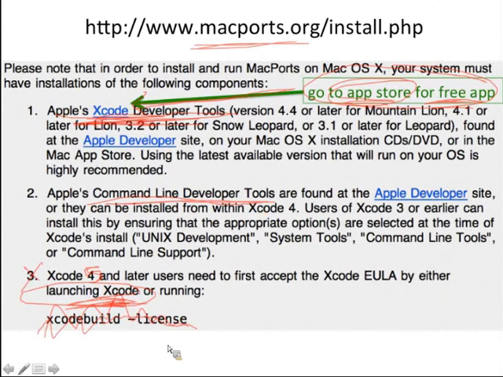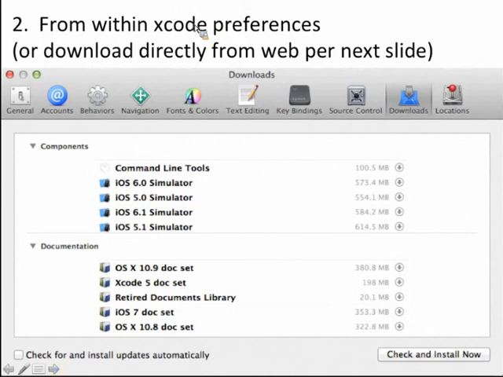There's a couple of different ways to do that. You can launch Xcode, go to Preferences, and then under Downloads, you can install the command line tools. But that requires that I link my Apple ID into Xcode, and I didn't really want to do that.